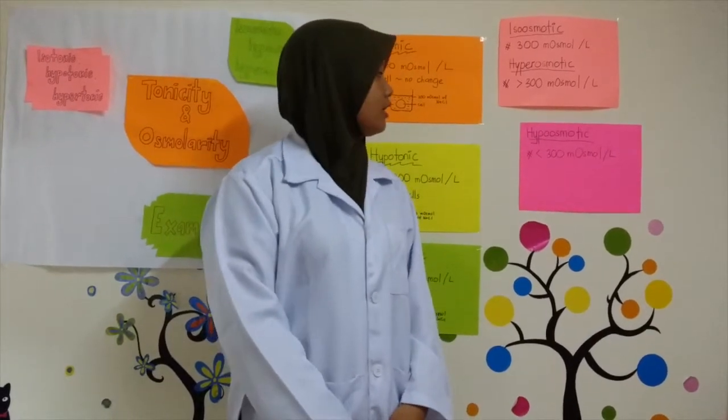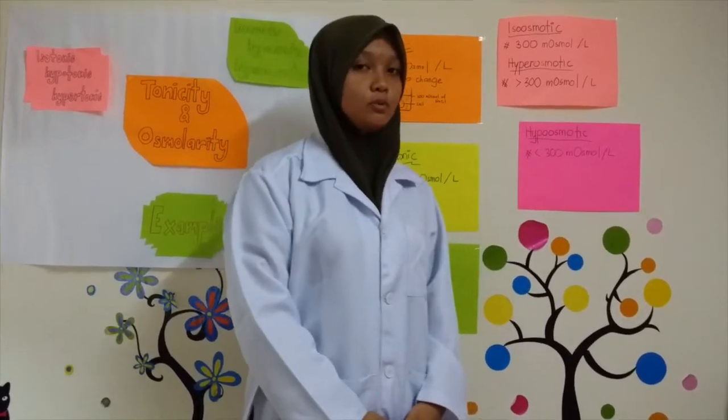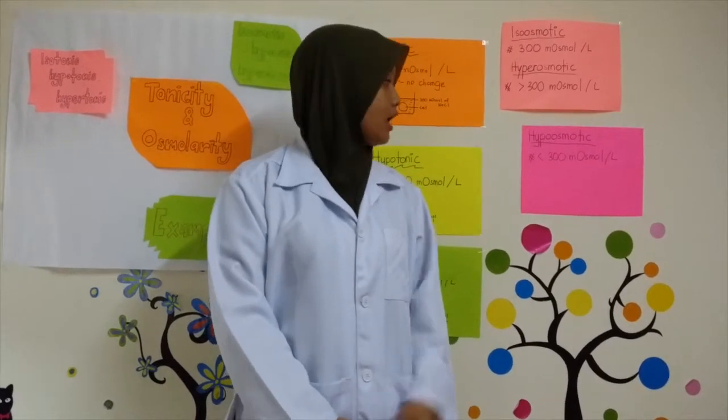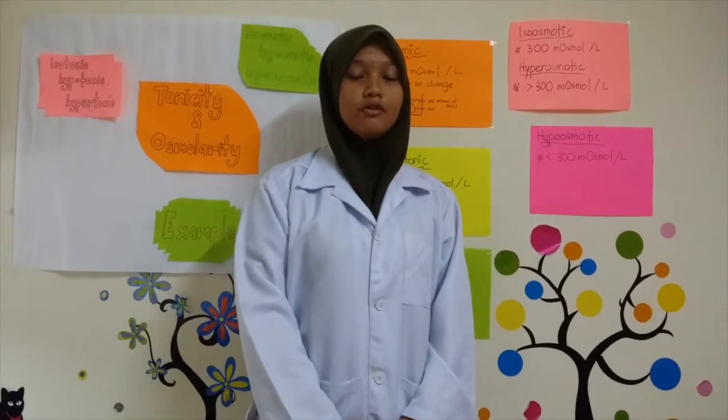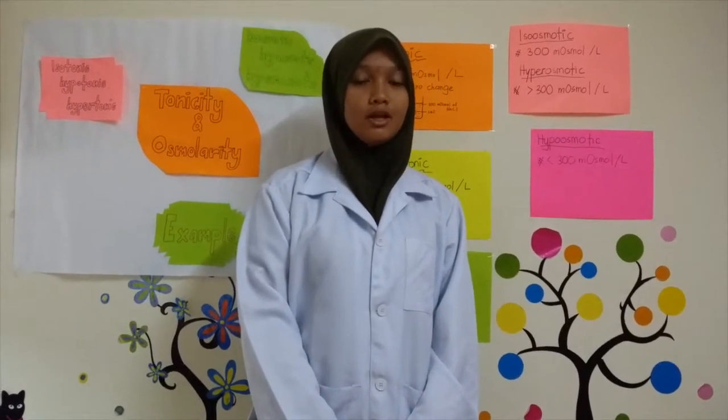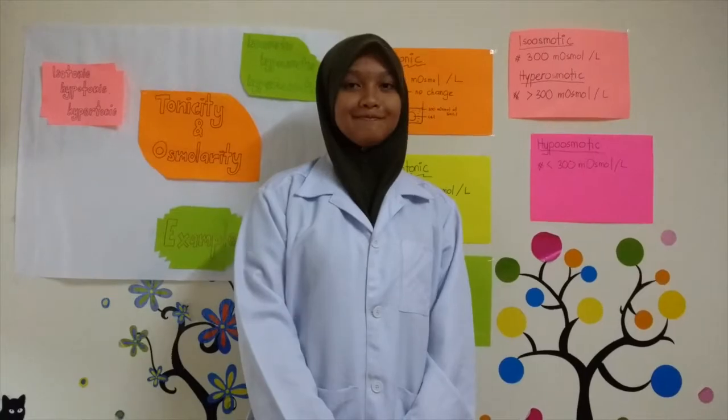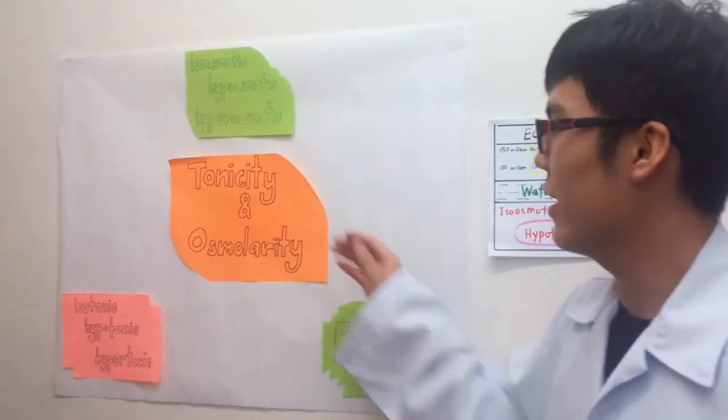Lastly, it is hypoosmotic. Hypoosmotic is a solution containing less than 300 milliosmoles per liter of solutes, regardless of the composition of membrane-penetrating and non-penetrating solutes. We use a few examples to clarify the basic concept behind tonicity and osmolarity.